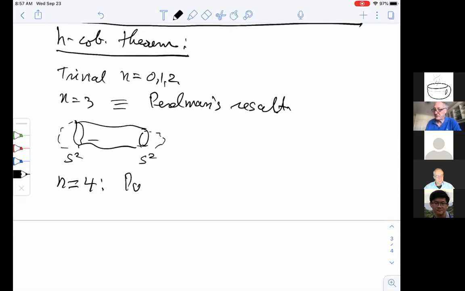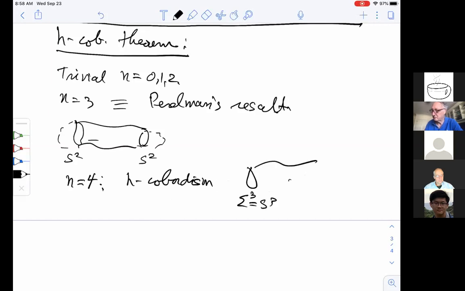N equals 4. An H-cobordism has to have ends that are simply connected 3-manifolds, and therefore by Perelman are S3.